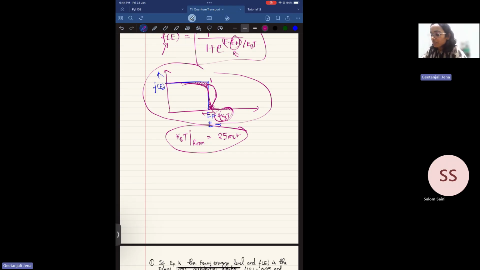The states closer to the Fermi energy level will contribute to the transport. So we are more interested in what is happening around this Fermi energy level. That is why this is of high importance.